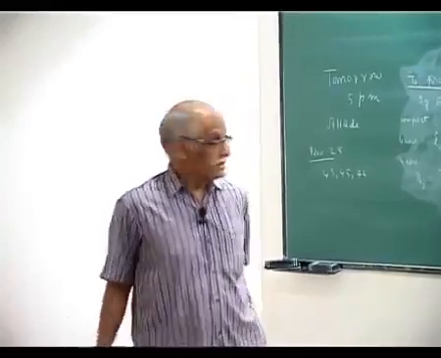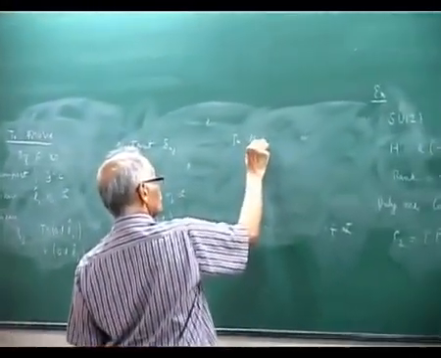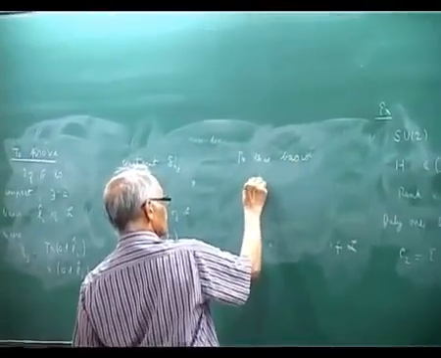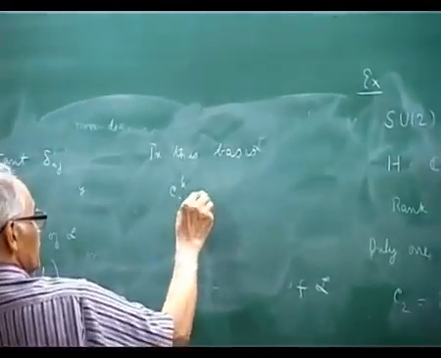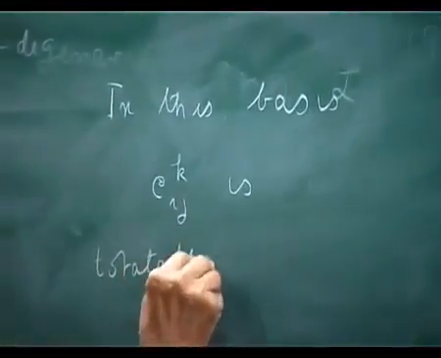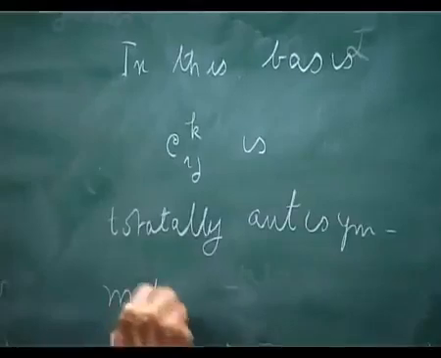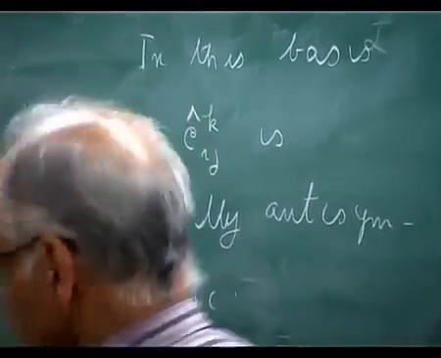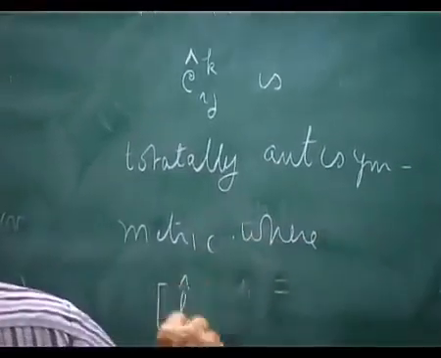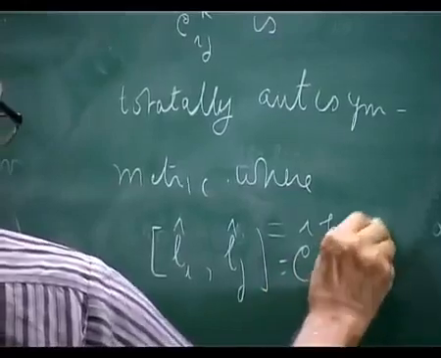Okay. So in this basis, this object C hat Kij is totally antisymmetric, where L hat i, L hat j is C hat K i j L hat k.